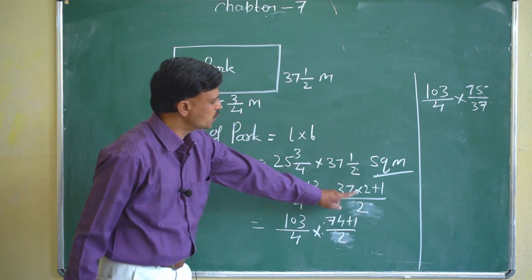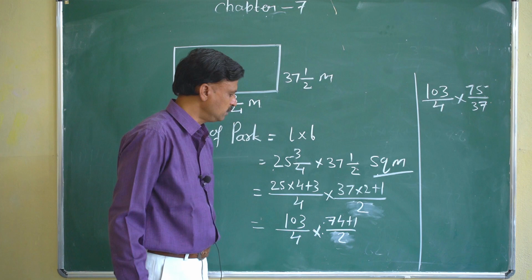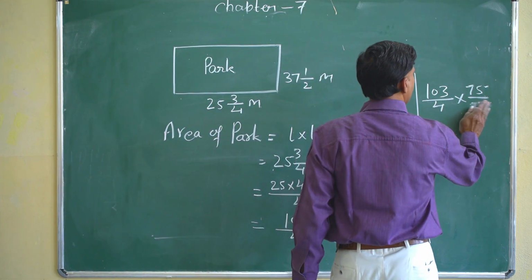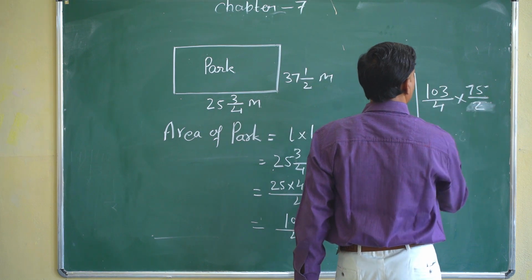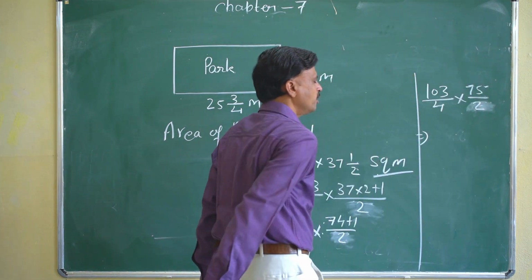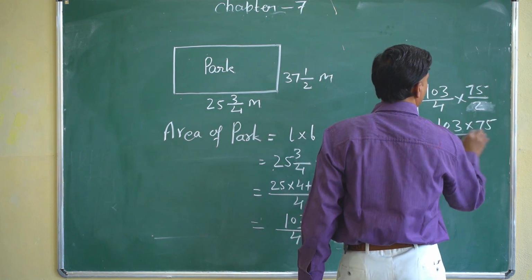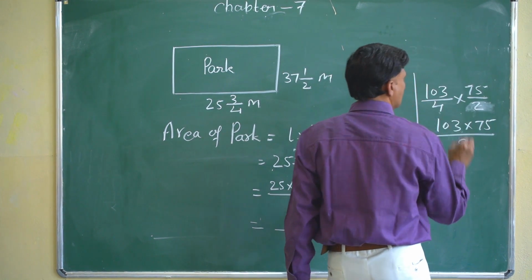The denominator was 2, so 2 will come here. 37 times 2 is 74, plus 1, 75 upon 2. So it will be 103 upon 4 multiplied by 75 upon 2. No value is cancelling, so we simply multiply 103 by 75 and 4 by 2, so it becomes 8.